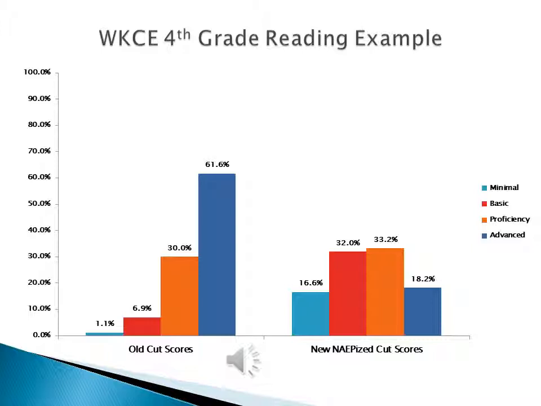Here is just one example of the change. On the left, the old cut scores on the fourth grade WKCE reading test for school, and the new cut scores that are more correlated to NAEP. You will see there has been a dramatic shift from the old to the new.